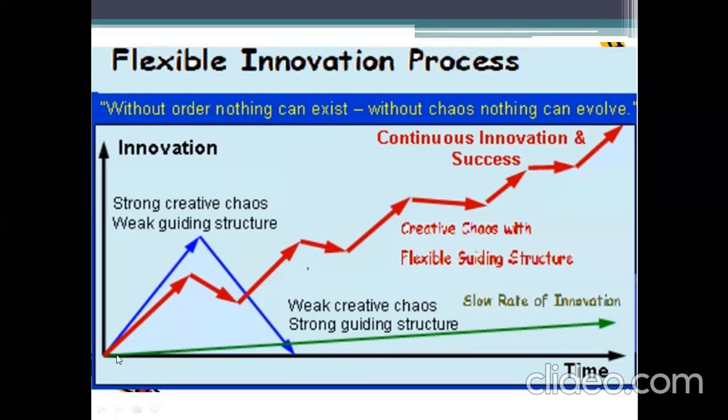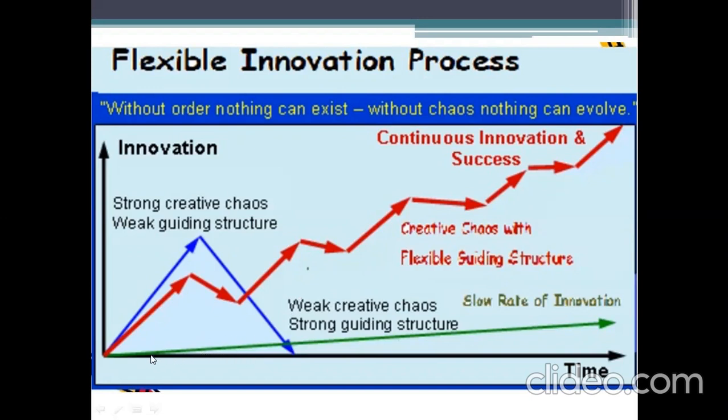At the same time, one with weak creative chaos has a guiding structure that is stronger, but the creativity is somewhat not helping them to have commercialized innovation, which will result in a slow rate of innovation.